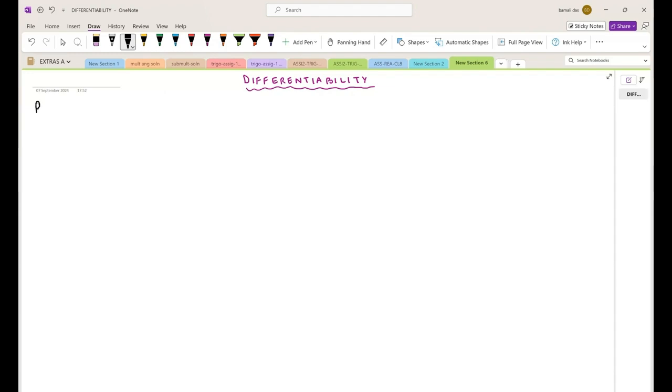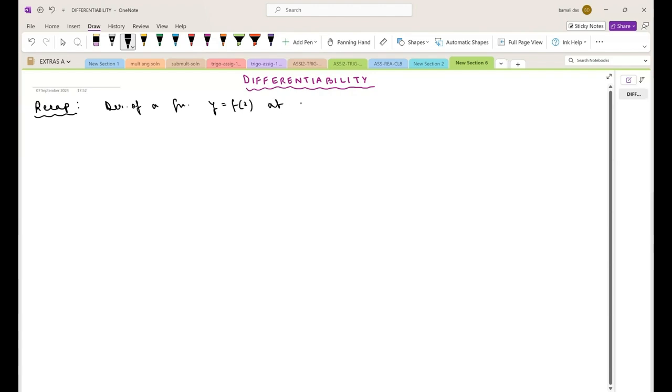If we do a quick recap of the definition of a derivative of a function y equal to f(x) at a particular point, say x equal to c, belonging to the domain of the function, as done in class 11.